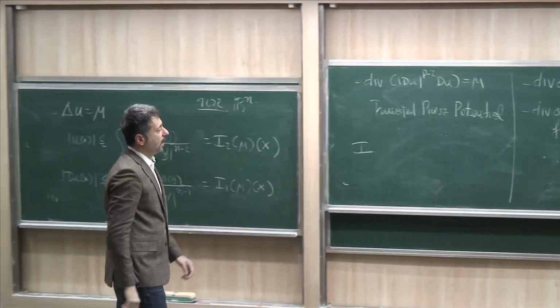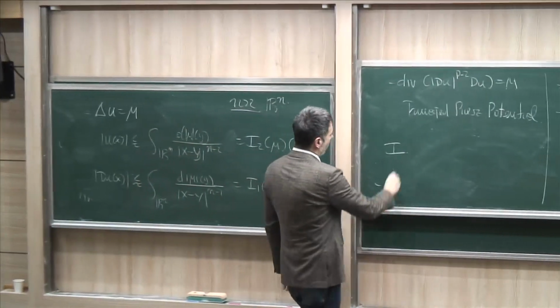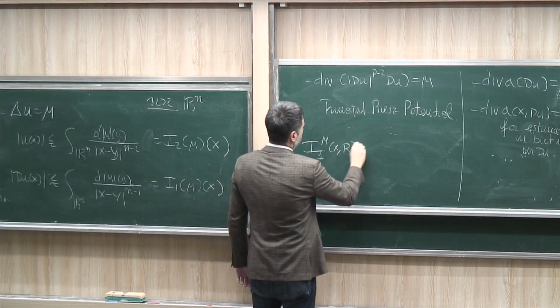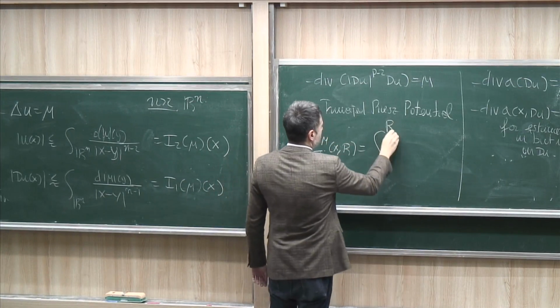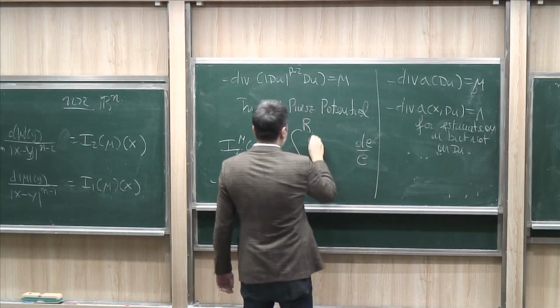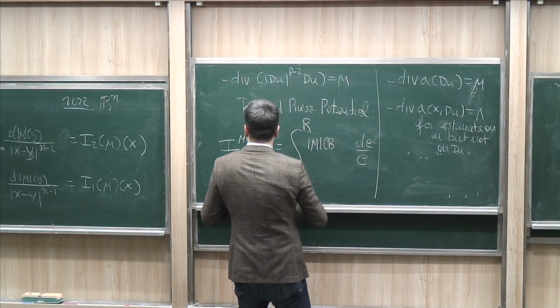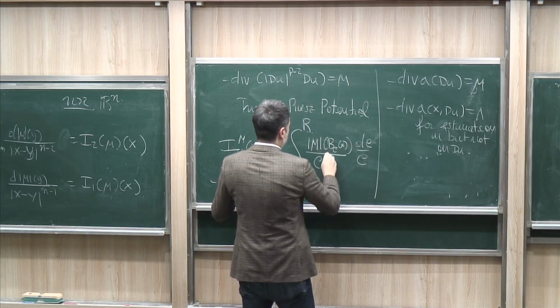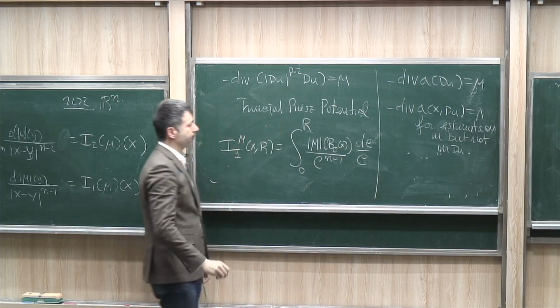You get I_1, so this is an integral, actually, of rho over rho, you get the measure of the ball B_rho(x) over rho^(n minus 1).